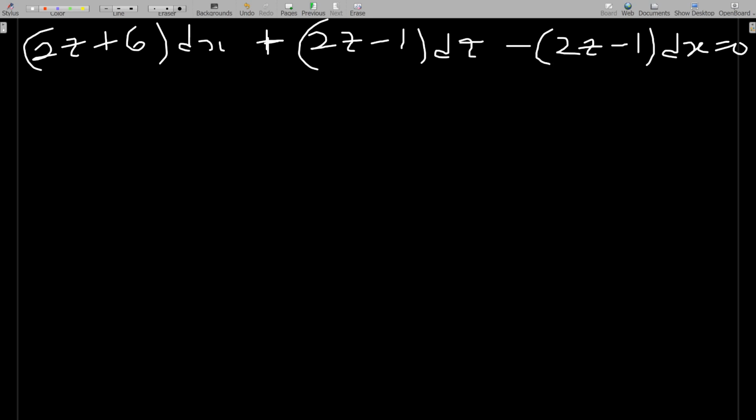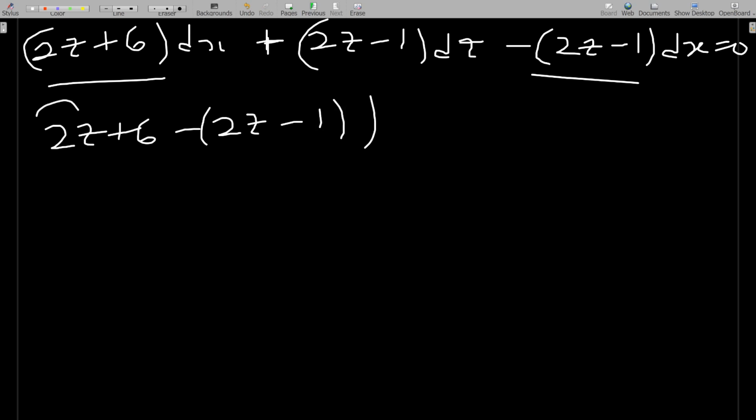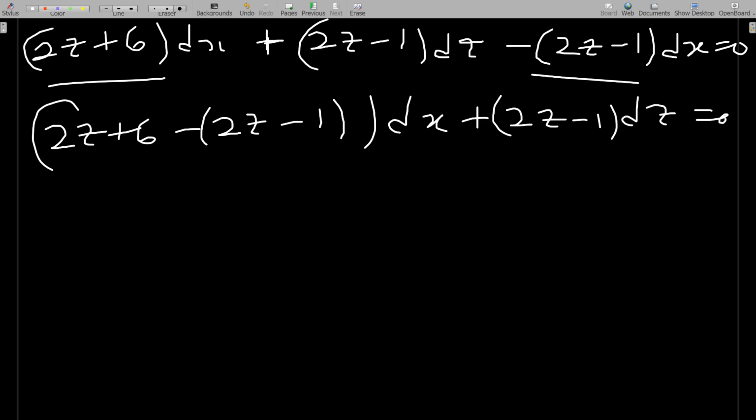When you combine the dx components, you have 2z plus 6 minus into bracket 2z minus 1, then dx plus (2z minus 1) dz equals 0.